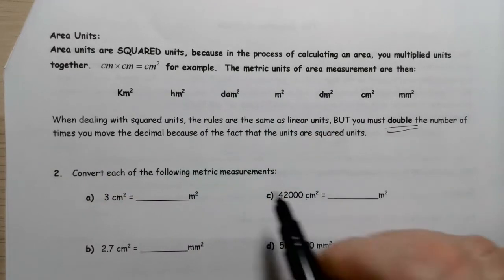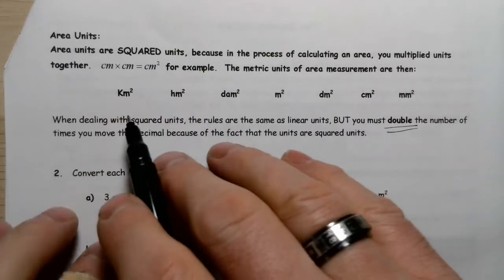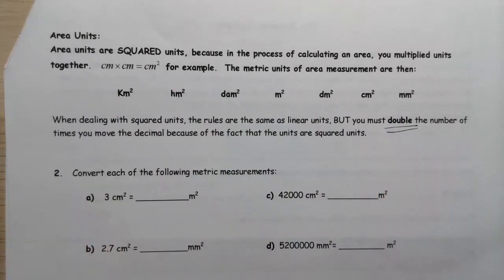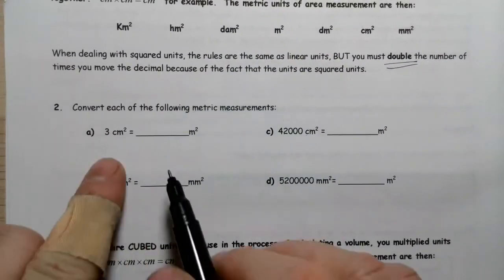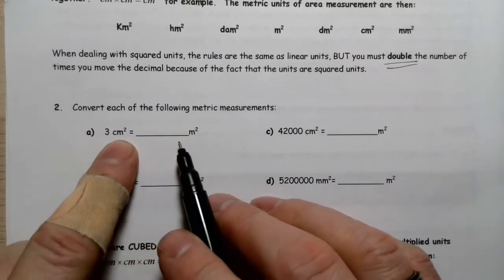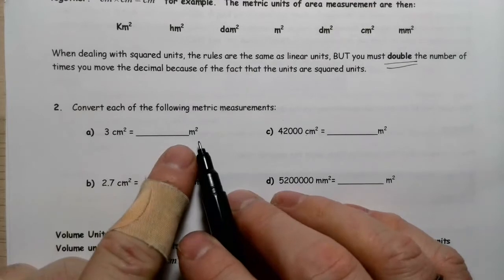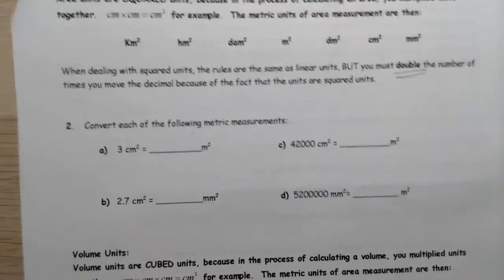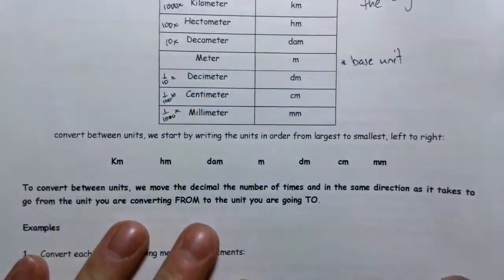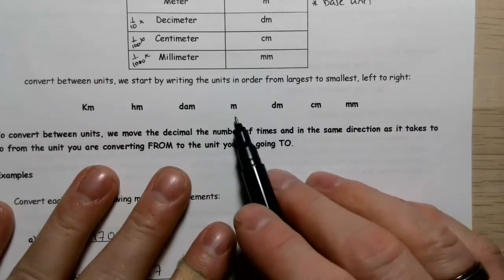Okay? So now I'm going to get you to follow along with how I do this, following this chart. For example, to go from 3 centimeters squared to meters squared, because the unit is getting larger, the number must get smaller. Now, the jump from centimeters to meters is 2.